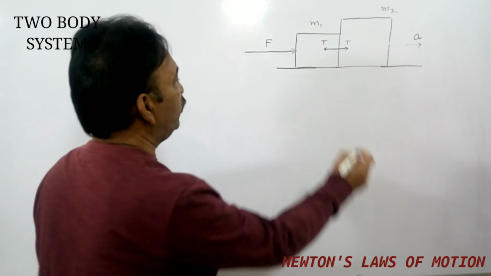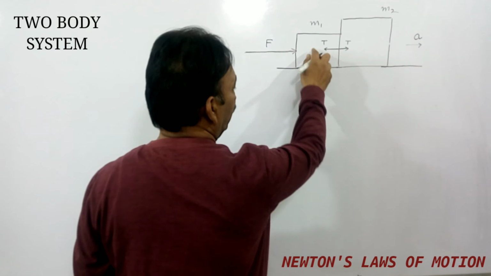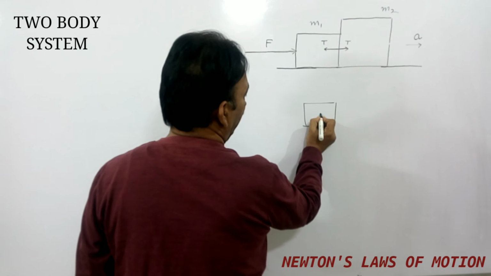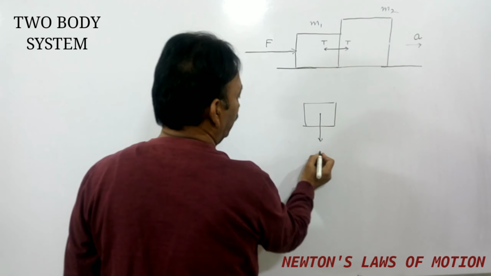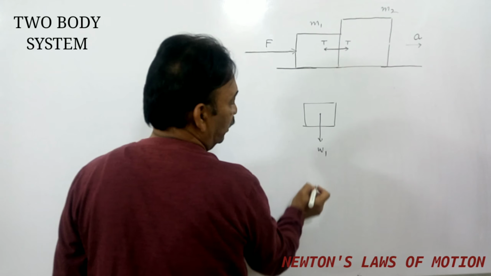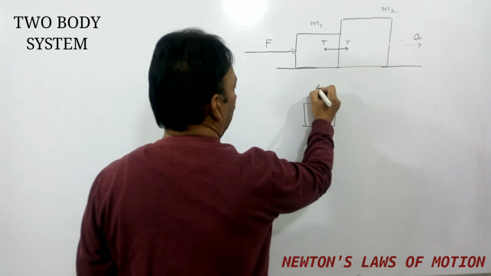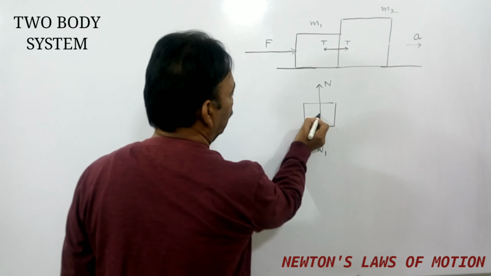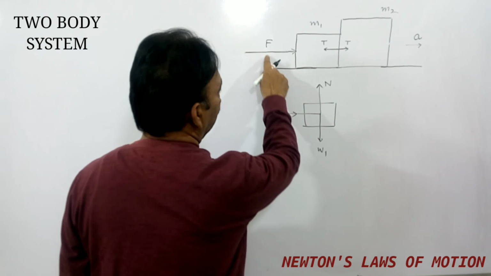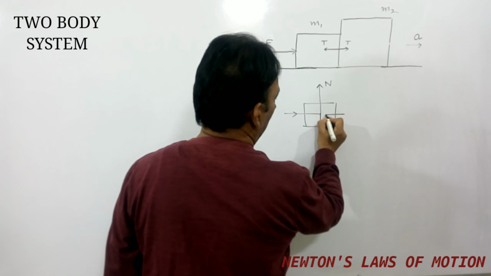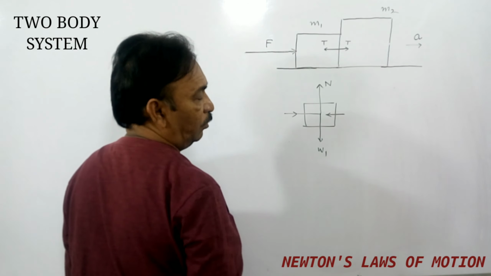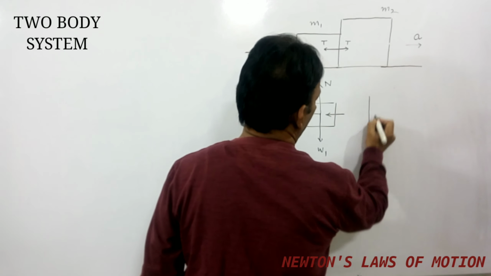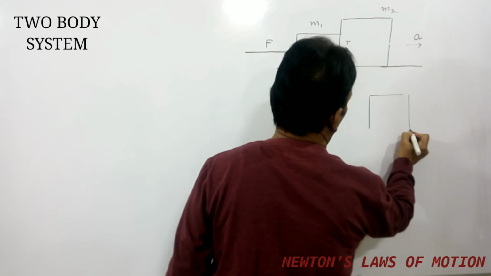To solve this, first we have to draw a free body diagram. Here the weight of the body W1 is acting vertically downwards. It balances with the normal reaction N1. Additionally, one force is acting in this way, a tension force, that is the contact force. For the second body, we go in the same way.